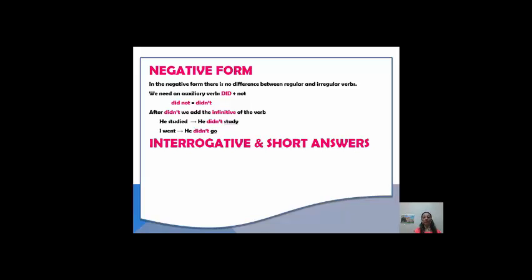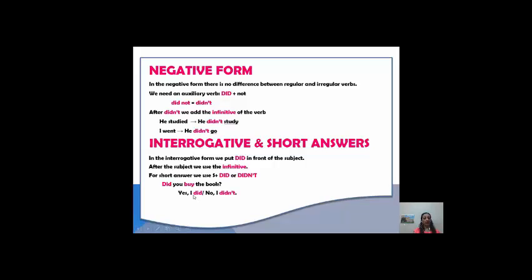In the interrogative and short answers, we put did in front of the subject, as we said. After the subject, we use the infinitive verb. For short answers, we use subject plus did or didn't. Example, did you buy the book?